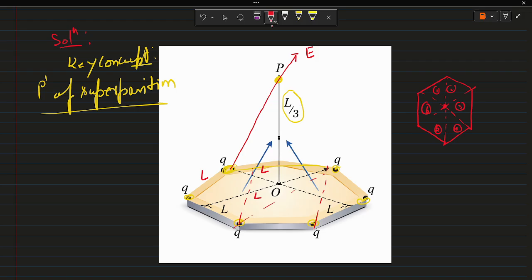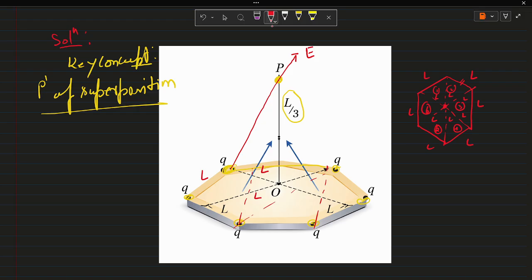Equilateral triangles means triangles having the same side. So if the side is L, then these lines will also be of length L, L, L, L, L, and L.